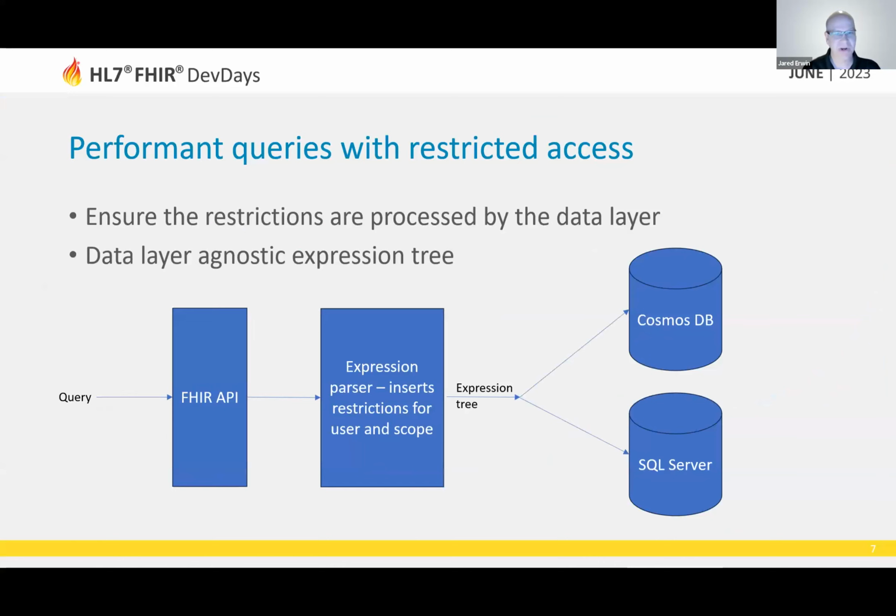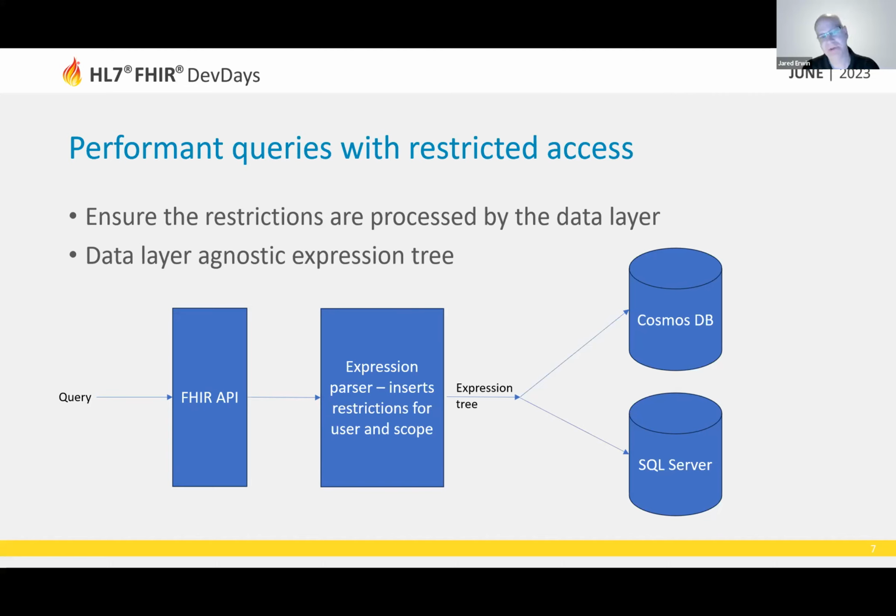So how we did that, to try to make it agnostic to the data layer, is that when the FHIR query comes in to the API, we initially parse out the query string into different pieces, and we build an expression tree in memory. And then our data layer implementations are built to interpret that expression tree. So at the expression tree layer, we're able to add the additional restrictions for which patient and which scope should be enforced.